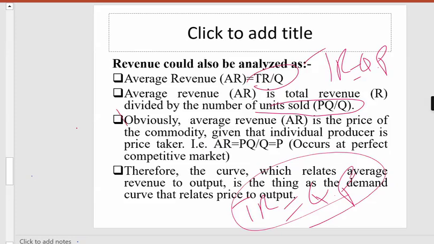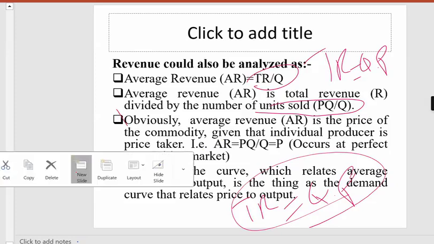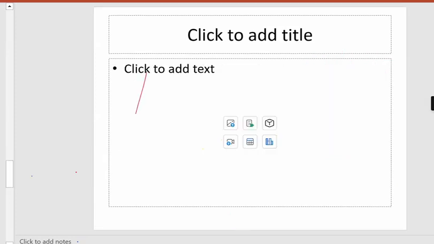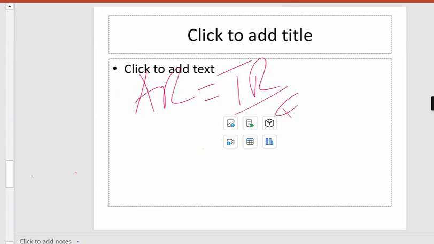Let me start from here. We said average revenue is equal to total revenue divided by quantity. But what is total revenue?